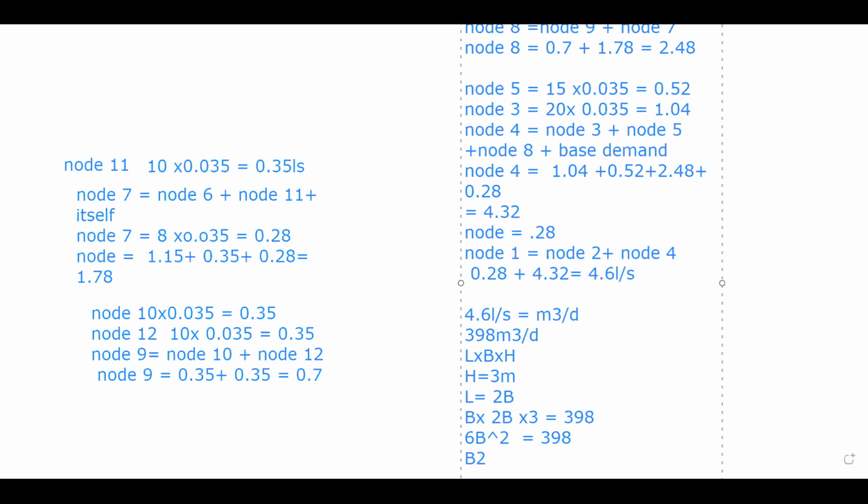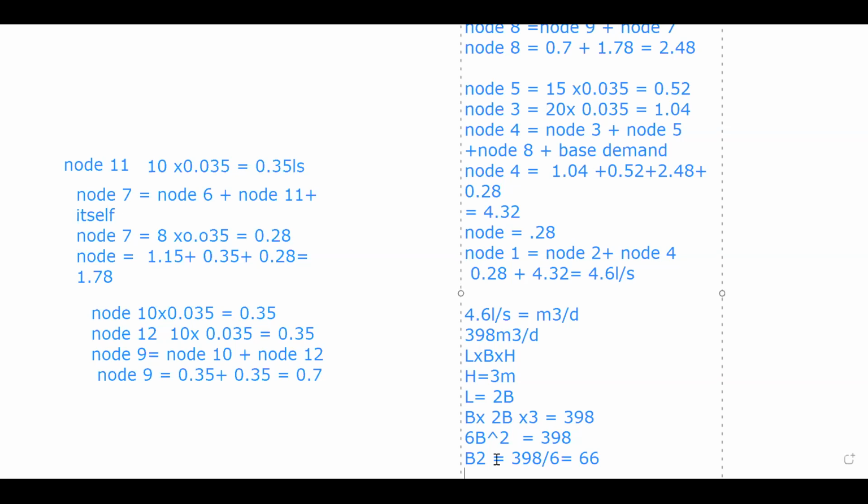B squared, let me put it this way, will now be what? 398 divided by 6, 66. So 66 is almost 64, which is a square.